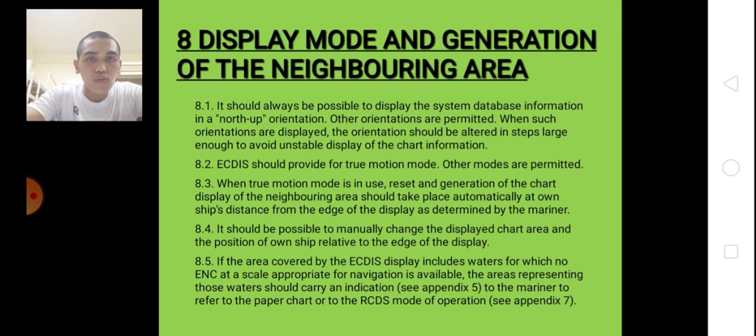Next is 8.2. ECDIS should provide for true motion mode. Other modes are permitted. Next is 8.3. When true motion mode is in use, reset and generation of the chart display of the neighboring area should take place automatically at own ship's distance from the edge of the display as determined by the mariner.